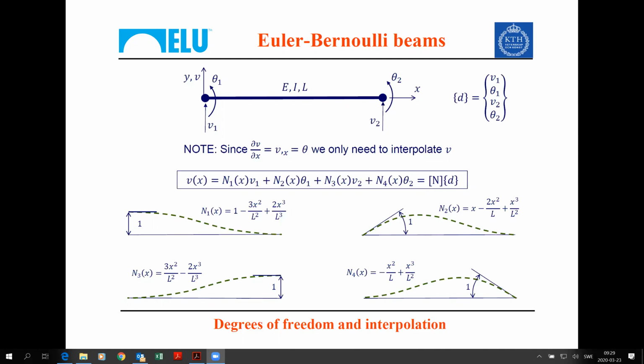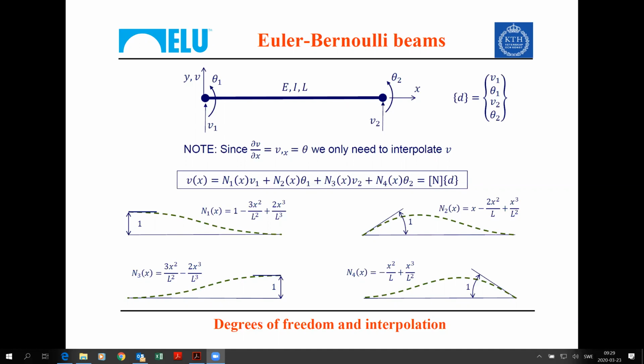What does this tell us? This tells us that we only need to interpolate for v, because once we have approximated v through our interpolation function, then theta will simply be at our disposal through differentiation.